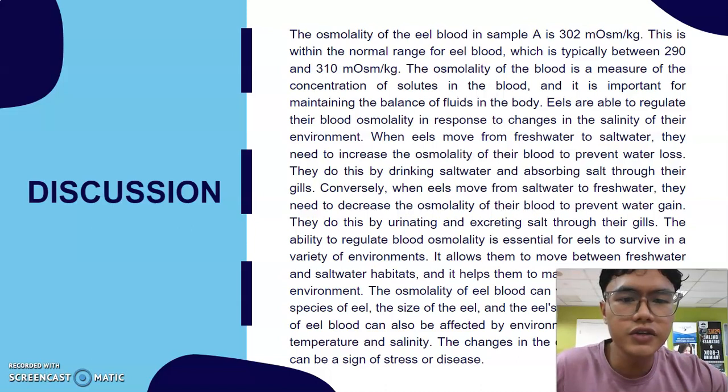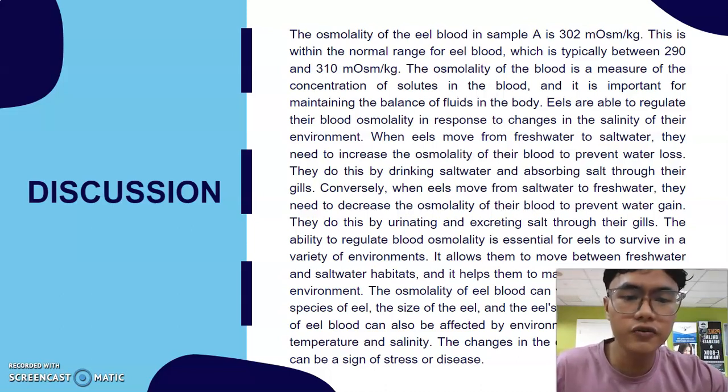Eels are able to regulate their blood osmolality in response to changes in the salinity of their environment. When eels move from freshwater to saltwater, they need to increase the osmolality of their blood to prevent water loss. They do this by drinking saltwater and absorbing salt through their gills.